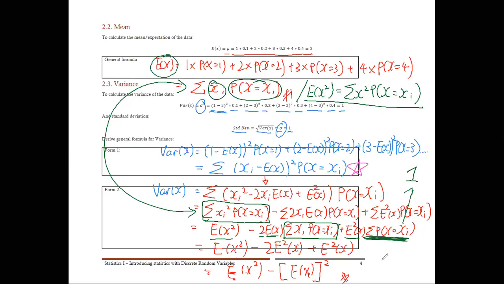Or we can calculate E(x squared) and E(x), then after that apply the formula. Again, E(x squared) is given by this formula here. All right, so that's it for the variance.